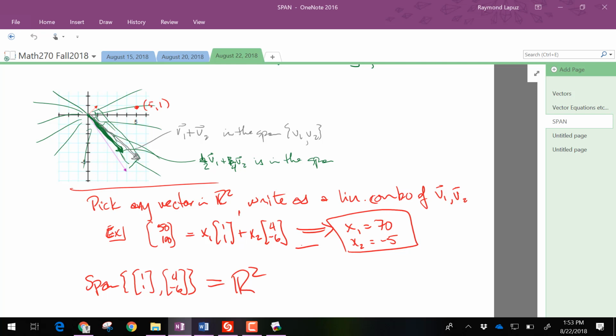If I have a span of two vectors that are not going in the same direction in R3, then not only am I talking about the parallelogram, because if I just talk about the parallelogram, then I'm letting my scalar weights be just 0 and 1. But I want my weights to be anything. So they would span not just the parallelogram, but the whole plane. So that would be a plane in 3 dimensions.